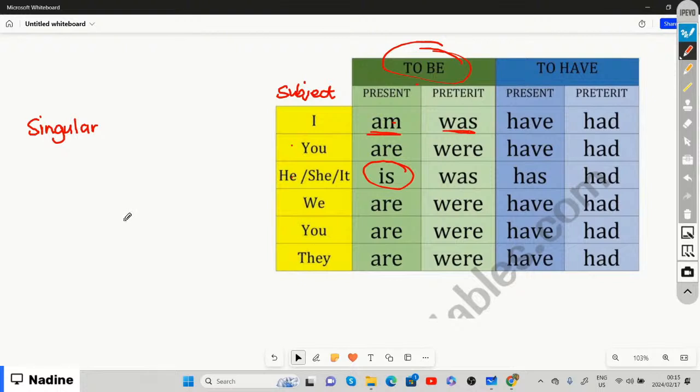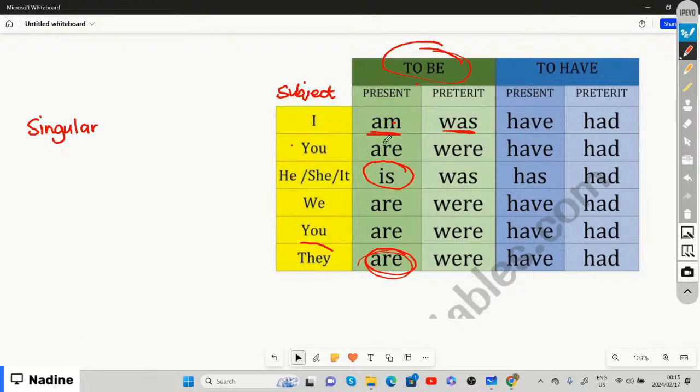Now, if you want to say that PK is listening to the lesson, then we say he is listening to the lesson. If, for example, PK, Adiam, and Kiara are listening, which means that it's they, because it's more than one person doing that, then you can say they are listening to the lesson.